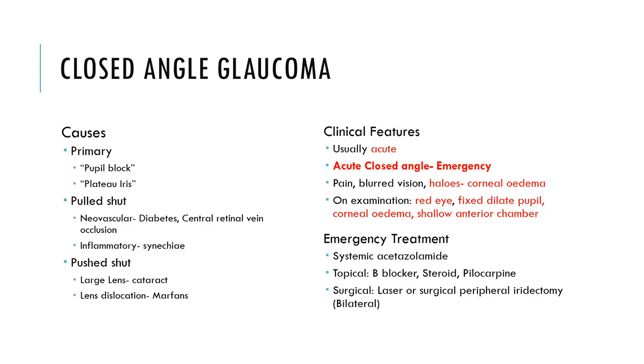Next we'll move on to the pushing pathologies, and these are pathologies in the posterior chamber which push the iris forward. This can be via a large lens, such as in cataract formation, or in lens dislocation, such as in Marfan's. Both of these lead to pushing of the iris by the lens.